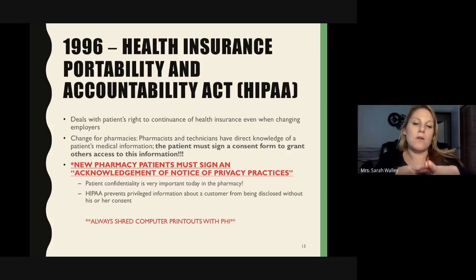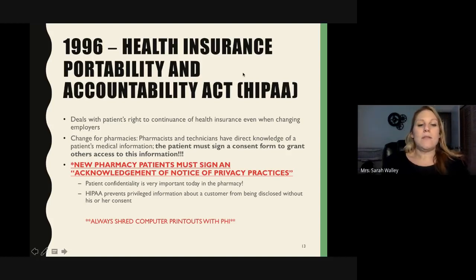So if they have a spouse they want to have access, they can put their spouse's name down. This is something they always have the patient fill out the very first time they get a prescription with you.